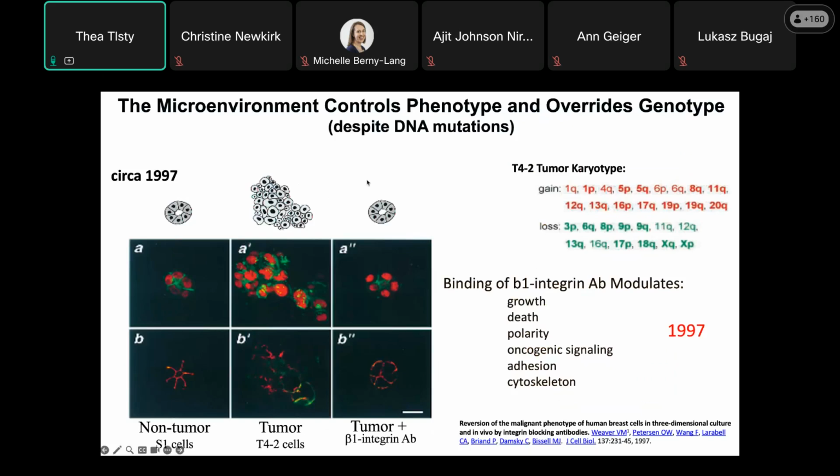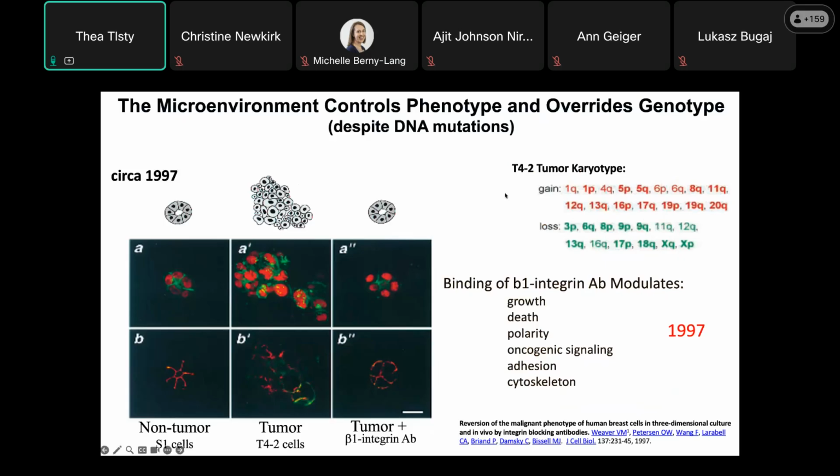If she took these cells, which on the right I'm showing you, they have many mutations and karyotypic abnormalities, and now all you do is allow them to interact with an integrin antibody, which changes their relationship to the microenvironment. These cells are now, quote unquote, normalized. Their growth is controlled, their death, their polarity.